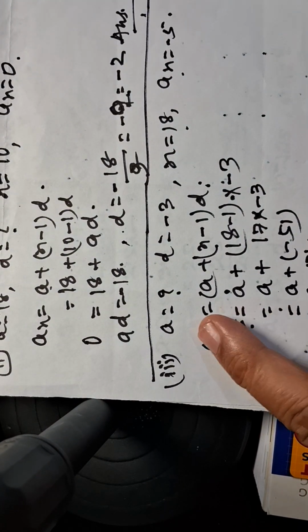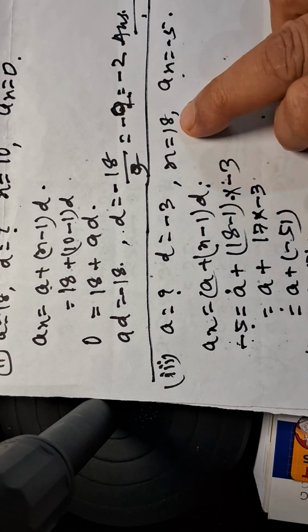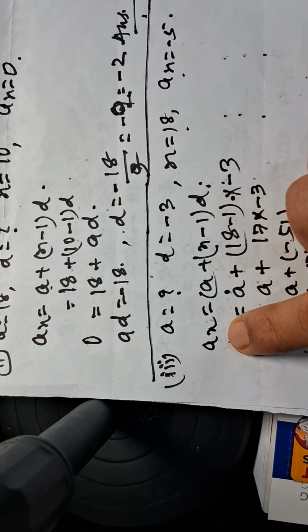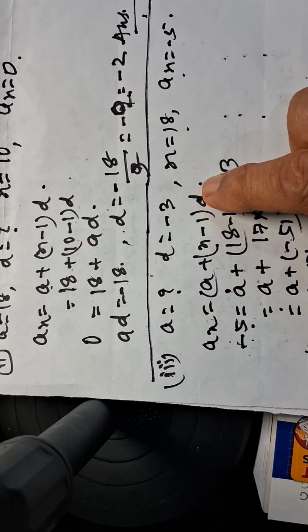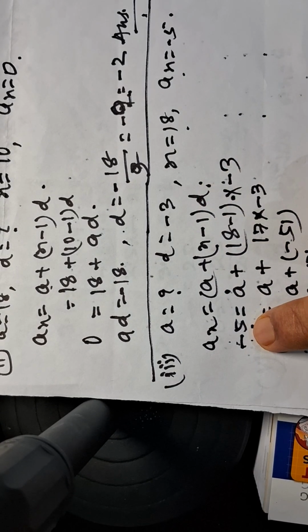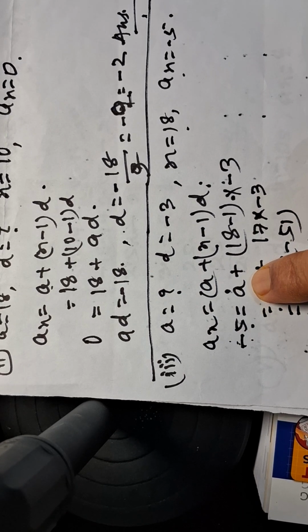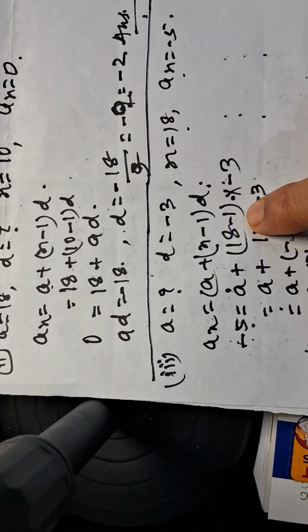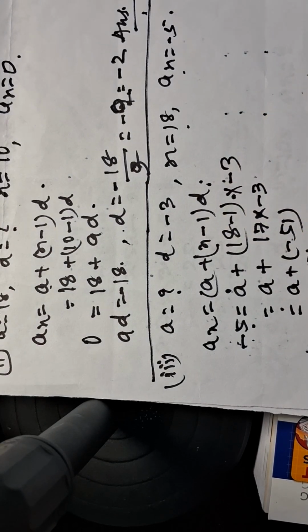From the table, third question, we will have to find a. D is equal to minus 3 and n is equal to 18. An is equal to minus 5. Now an will be a plus n minus 1 into d. An is given as minus 5, a we will have to find. N is equal to 18, minus 1 into minus 3, because d is minus 3.